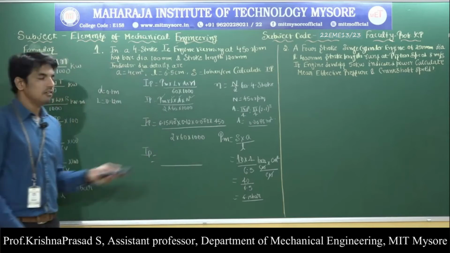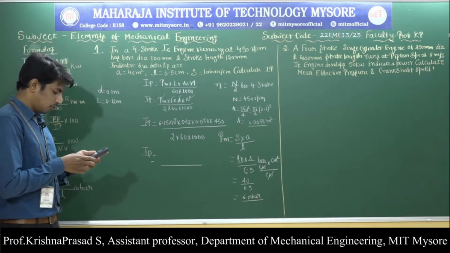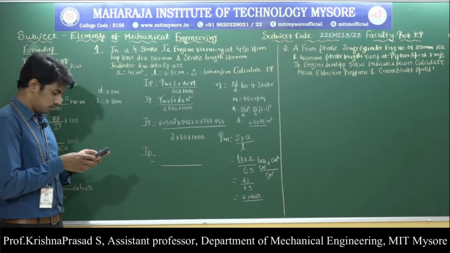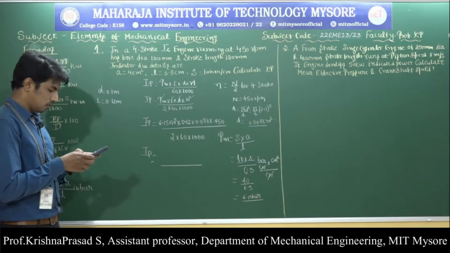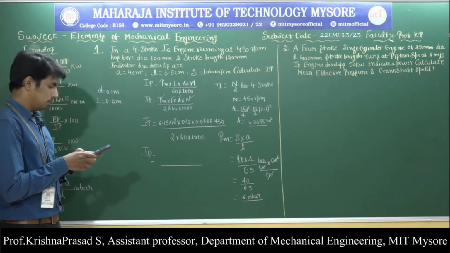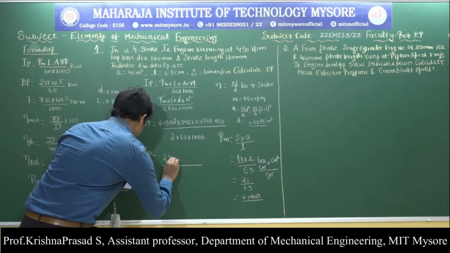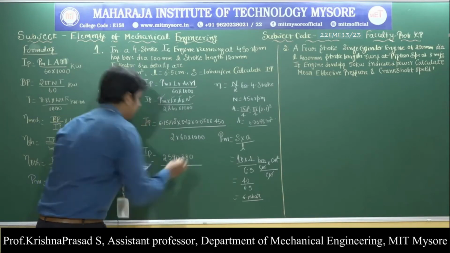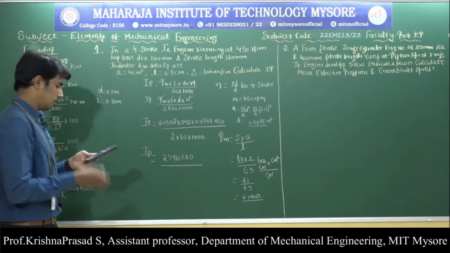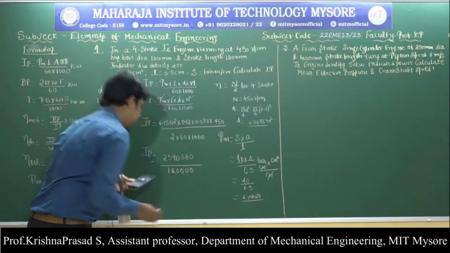So after the simplification, calculate the IP, that is 6.15 into 10 to the power of 5 into 0.12 into 0.0078 into 450. So the answer becomes 2590380 for the numerator, divided by 2 into 60 into 1000, that is 1,20,000.